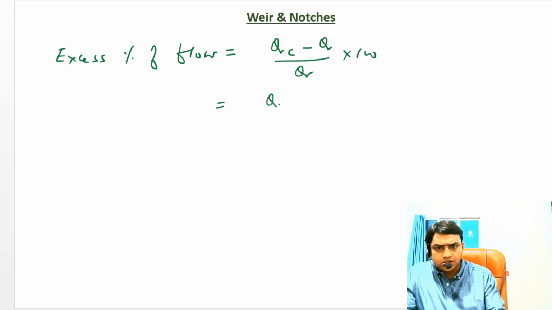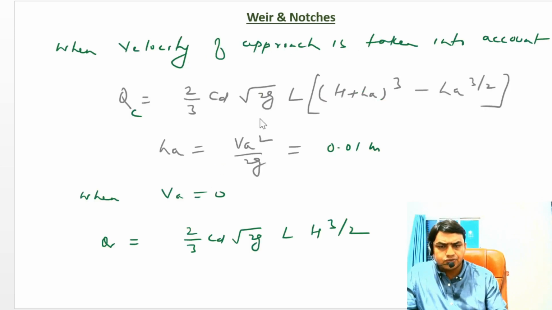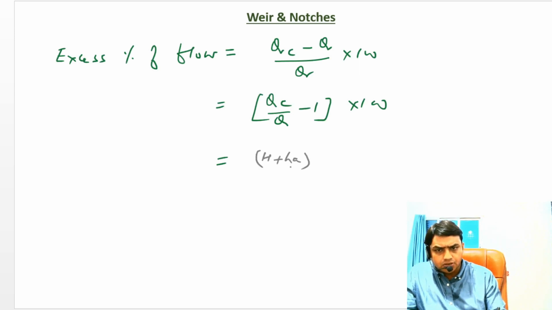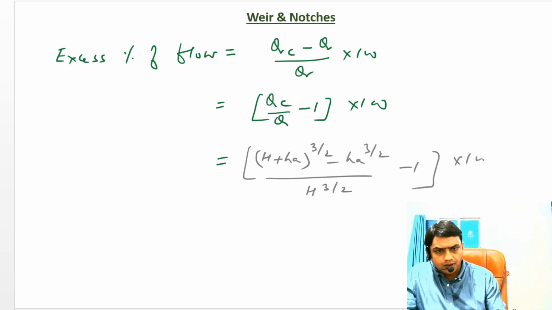So it can be written as Qc by Q minus 1 into 100. If I put the value of Qc, 2/3 of Cd root under 2gL will be cancelled. So it can be written as (H plus Ha) to the power 3 by 2 minus Ha to the power 3 by 2 divided by H to the power 3 by 2, minus 1, into 100.